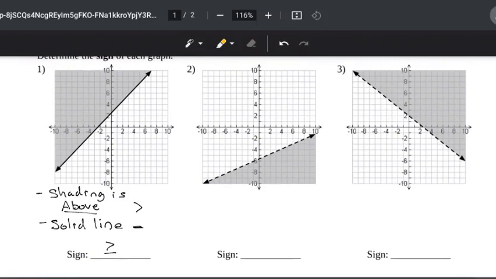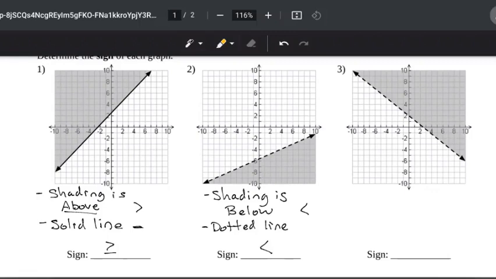Number 2, we see that the shading is below the line, which tells us it's a less than symbol, and it is a dotted line, which means that we are not going to have an equal to. Dotted means we are not including that information as a solution, so it's just less than.